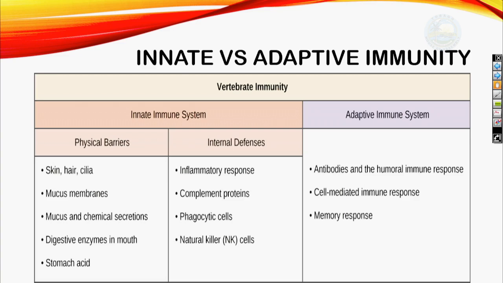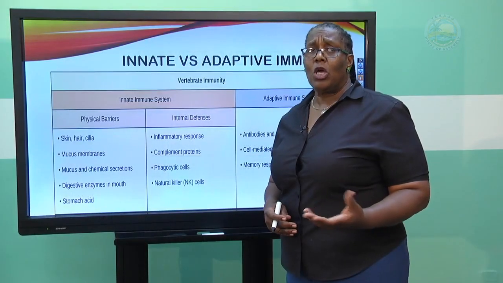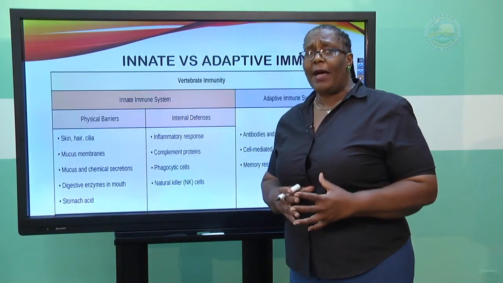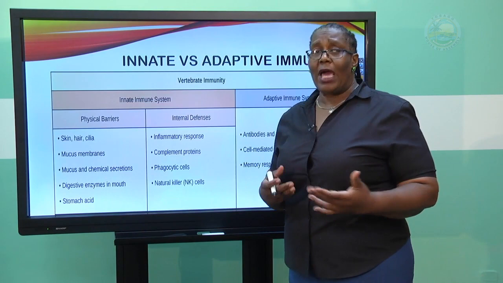You also have complement proteins. These work in conjunction with the rest of your system to ensure that they fight any invading pathogen. You also have what you call phagocytic cells. So you have cells like your neutrophils and your macrophages, which help to engulf pathogens and so ensure that we are protected.